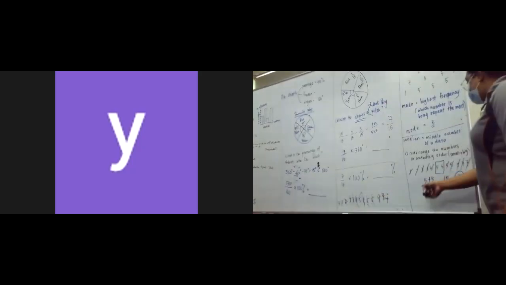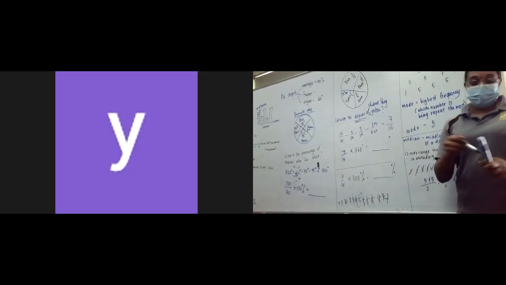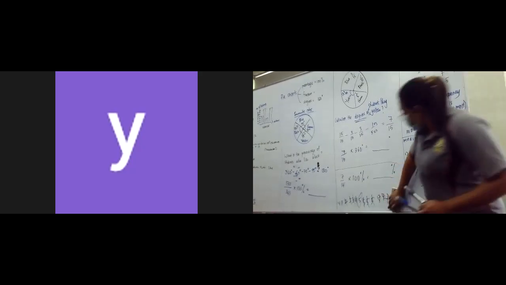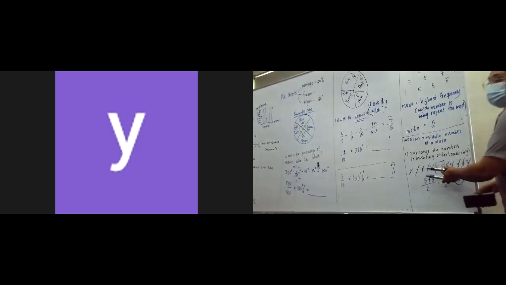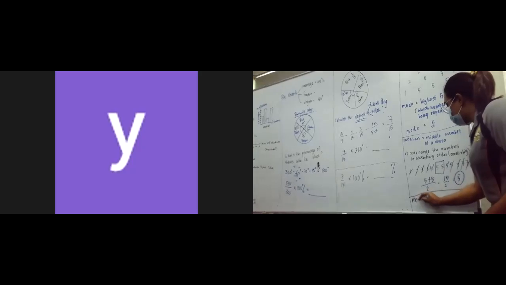You don't have to do this step. Since this is only 12 numbers, that's why we did this, because for the middle number, we have 2 numbers. Clear?